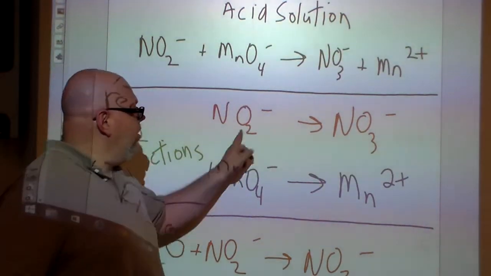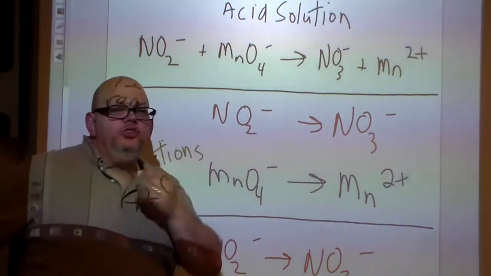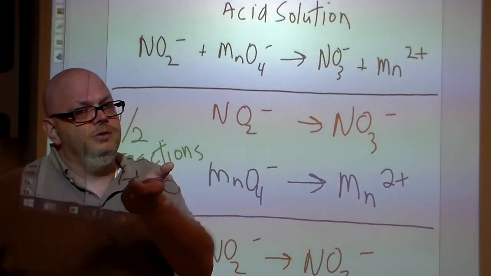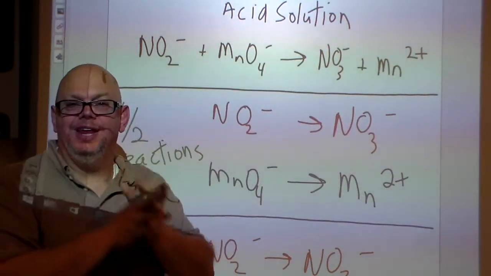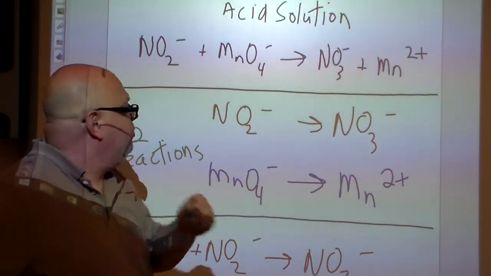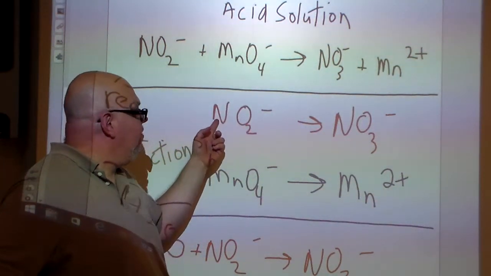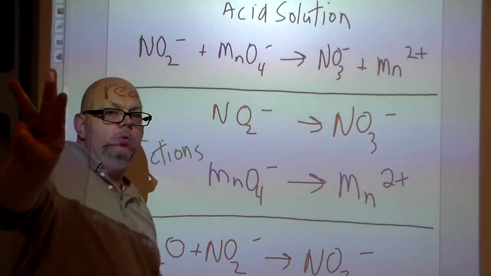Now let's check this out. If we know our basic rules of assigning charges, each oxygen atom is -2. So 2 times -2 is -4. Oh, I'm so glad I can remember math. Now we got a -1 charge overall. So that means if this is a -4, then this nitrogen has to be a +3. Okay, we got that.